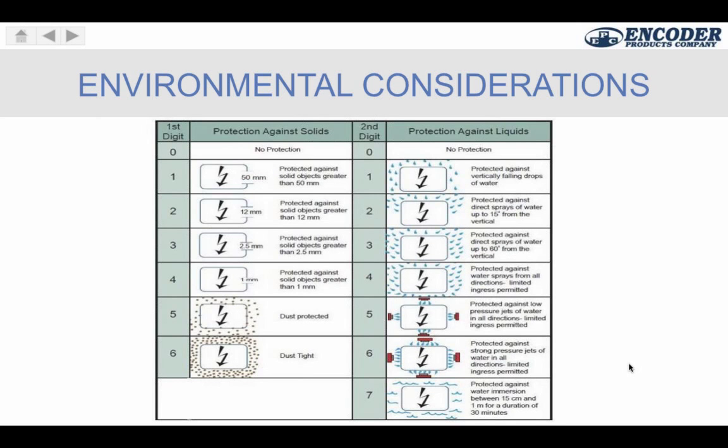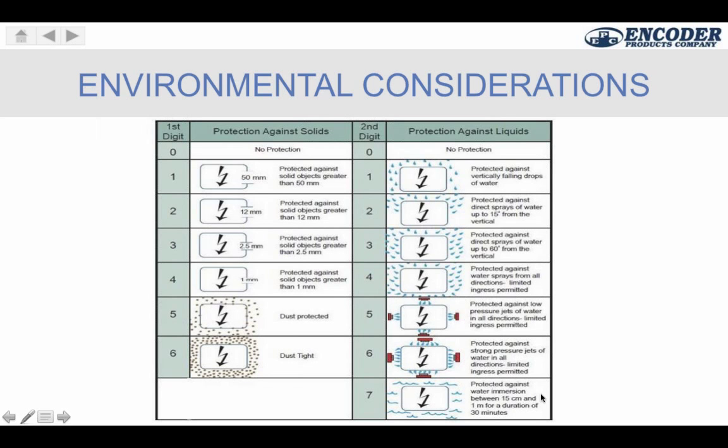A quick word about IP ratings that you should be familiar with. If you look at the rating system standards, even up to IP66, they do say limited ingress is permitted. And even with IP67, it's immersion for 30 minutes.